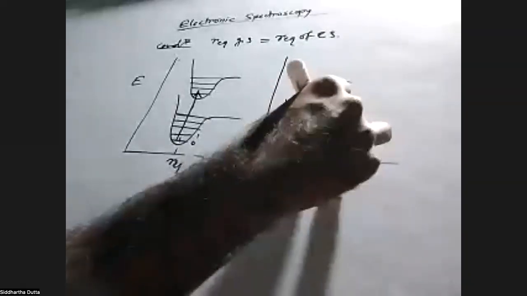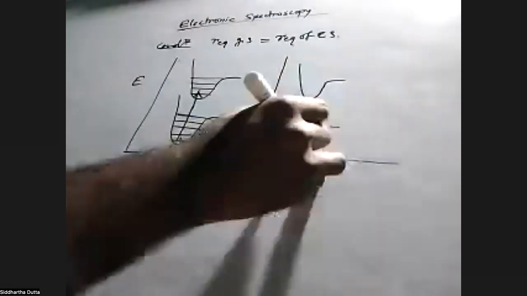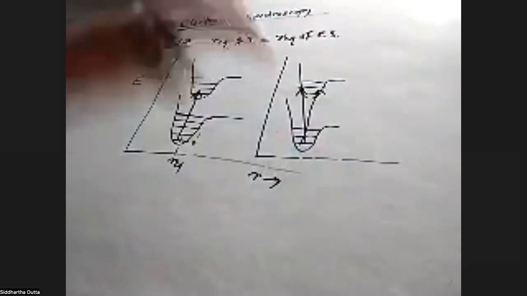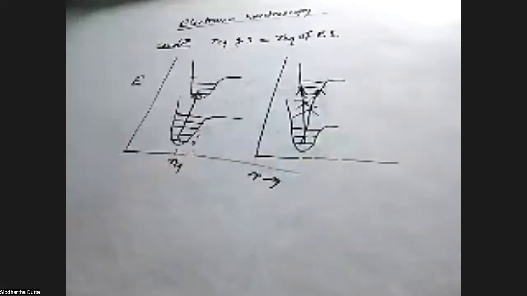The transition will be a vertical transition, and this type of transition will happen.